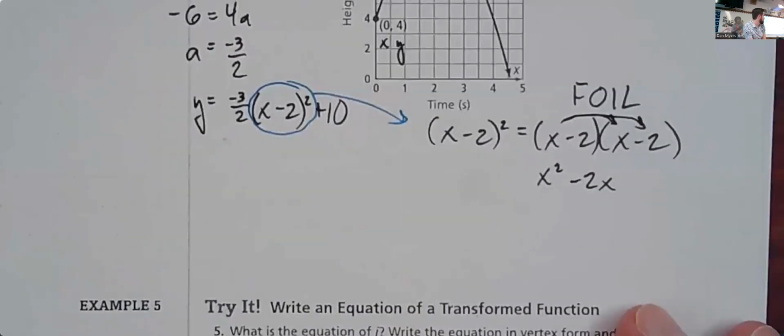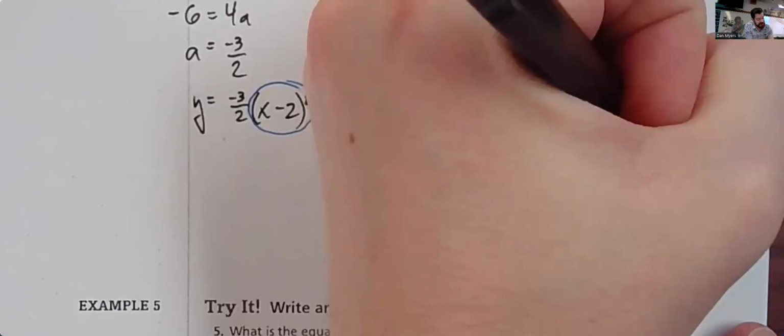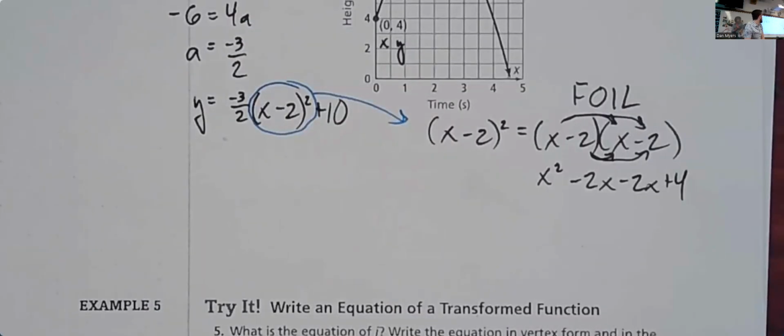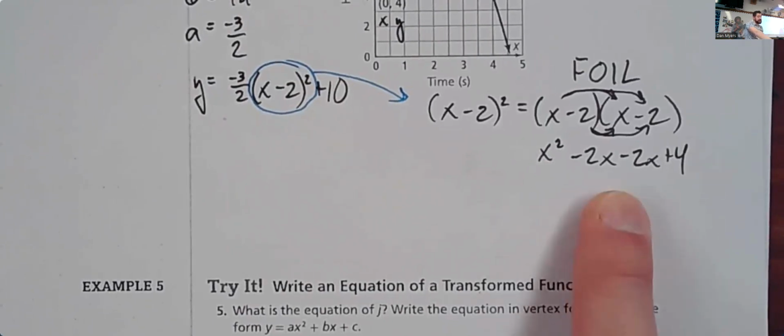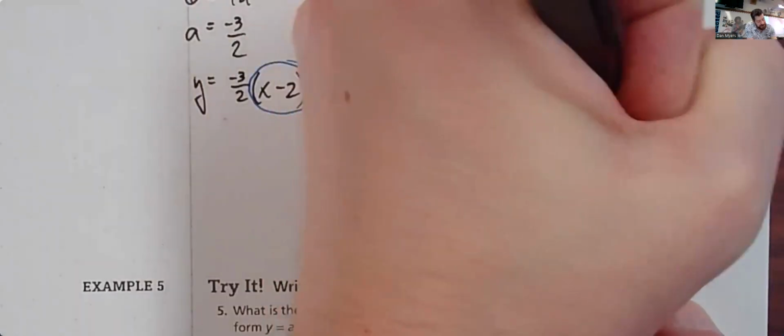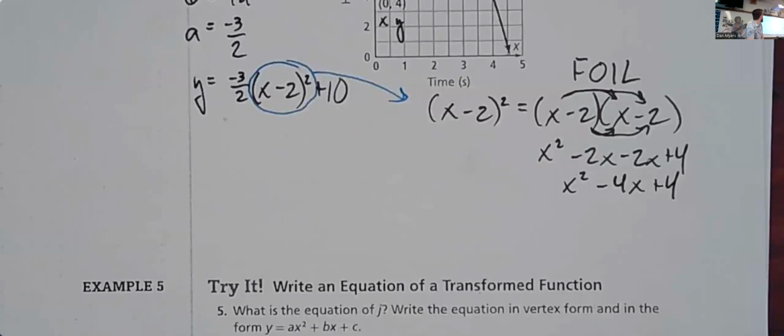Inner, -2 times x would be another -2x. And then last is -2 times -2, which is +4. The two terms in the middle, -2x and -2x, those can go together to make -4x. So that'll be x squared minus 4x plus 4.